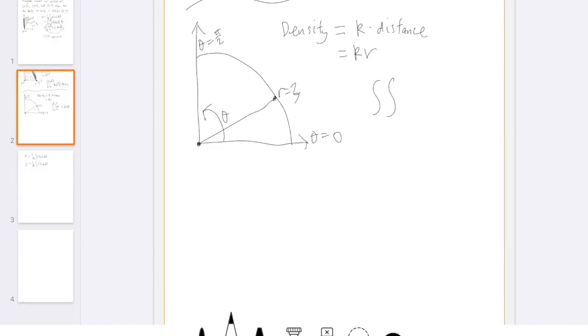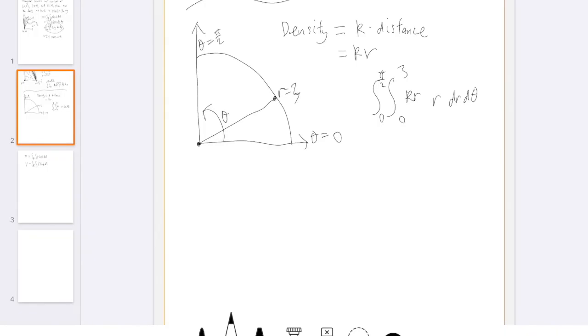I'm going to use dr d theta. And if you remember from 13.3, we're going to have an r here. And then we're going to plug in our density function, which is kr. Next, we'll plug in our bounds for radius from 0 to 3. And then finally, for theta, from 0 to pi over 2.